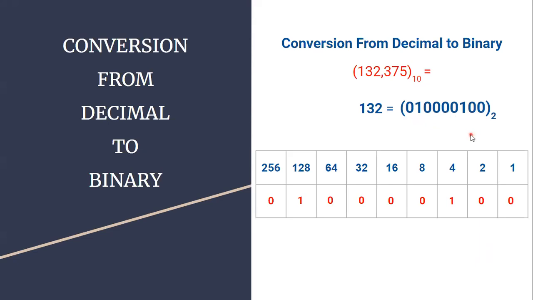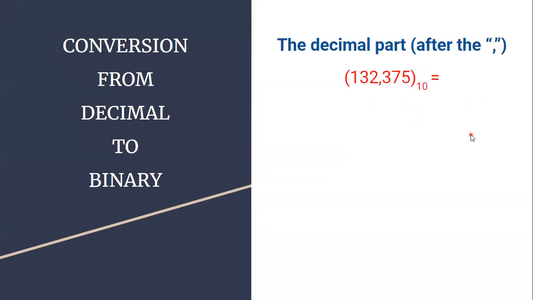Now we are going to continue with the part after the comma, the decimal part. I get 0,375 and I multiply it by 2. Why do I multiply it by 2? Because number 2 is the base of this system of numbers, of the binary number.